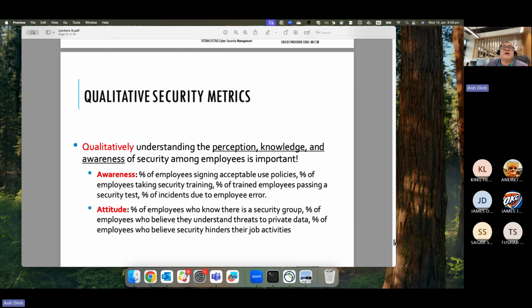Some other set of examples are related to qualitative metrics. And I think many of you have used this metric in assignment 2 when you were discussing how to evaluate the training program, right? And one way to evaluate the training program is to get feedback through interviews or through surveys with the users.